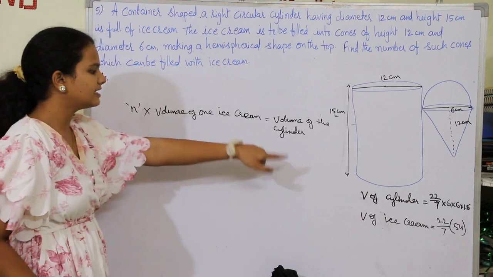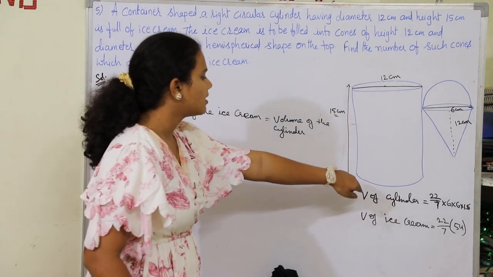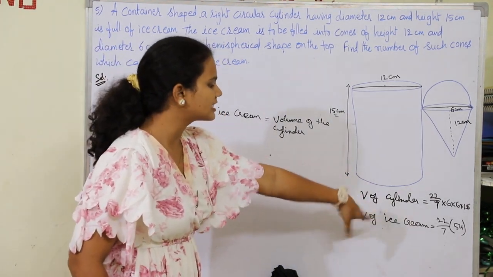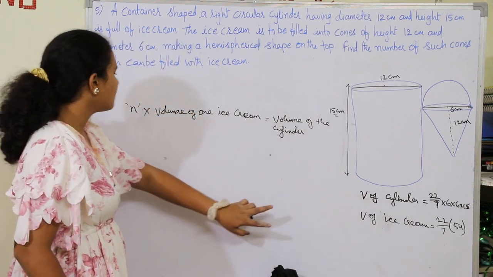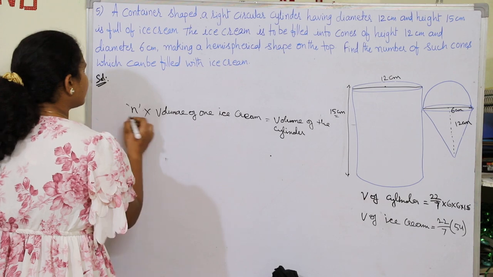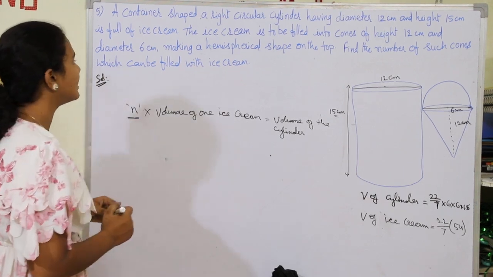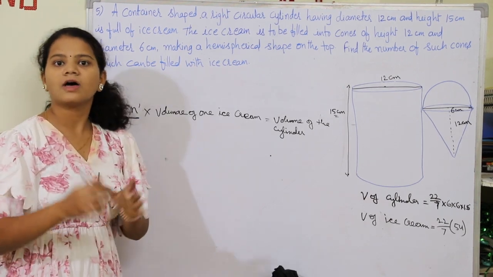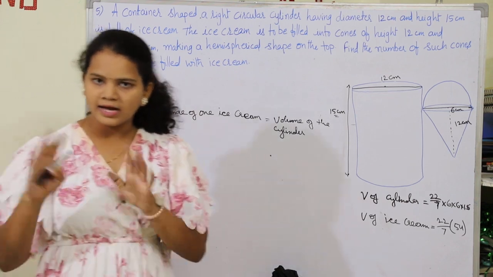The volume of the cylinder is given as 22 by 7 into 6 into 6 into 15. The volume of one ice cream is 22 by 7 into 54. Now I need to find the n value, the number of ice creams that can be made from the container.